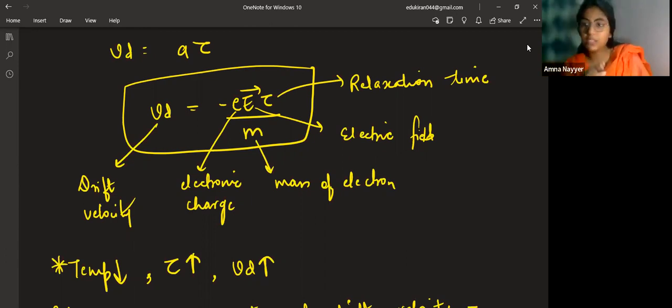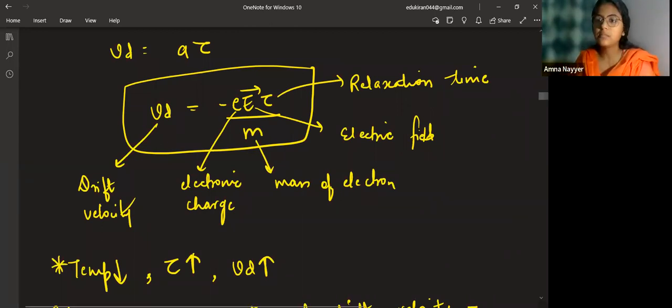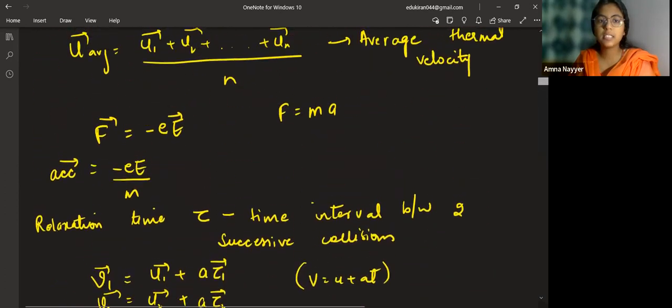Tau is inversely proportional to temperature. If temperature is decreasing, tau will increase, and when tau, the relaxation time, increases, drift velocity also increases.